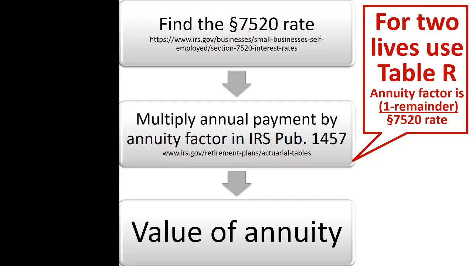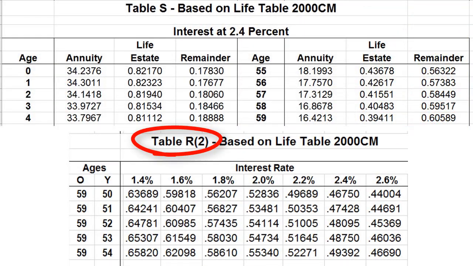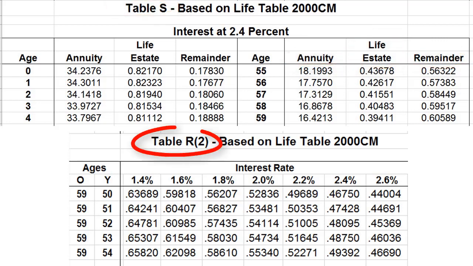For 2-life annuities, calculating the value of the annuity uses Table R rather than Table S. However, Table R looks different from Table S, where Table S has 3 numbers for each age, that is, the annuity factor, the remainder interest, and the life estate. Table R has only 1 number for each age combination. This 1 number is the remainder interest factor.